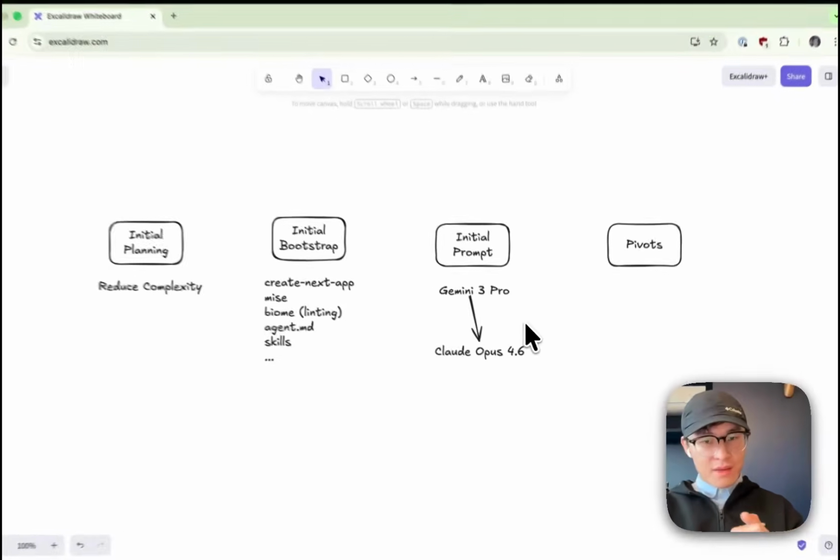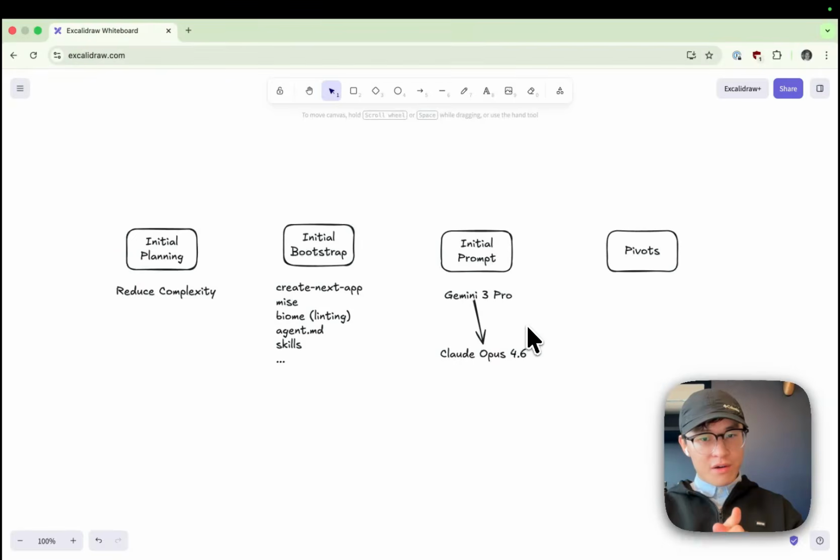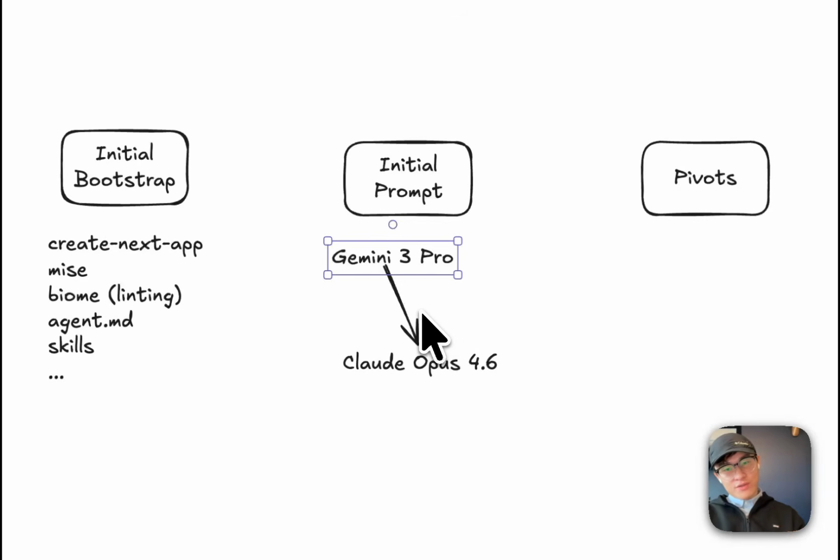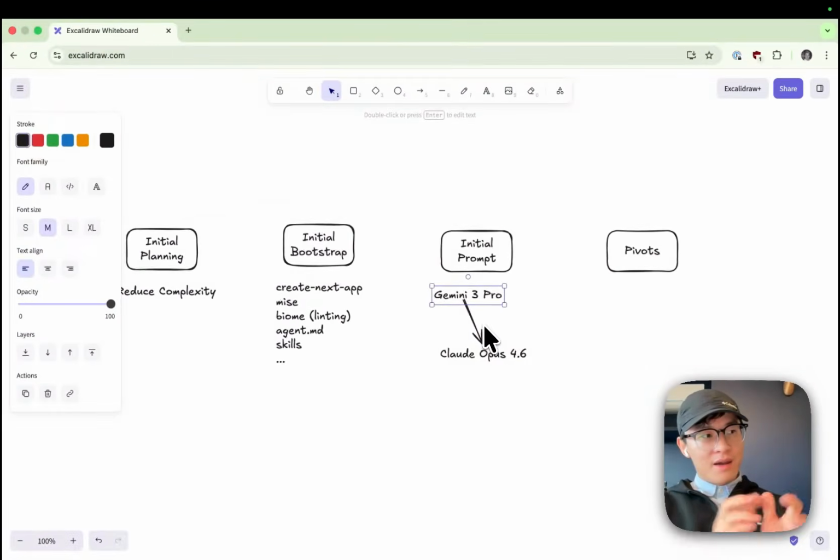Because Claude Opus, as of today, is the latest agentic model from Claude, and it really excels at agentic coding tasks more than the other models.